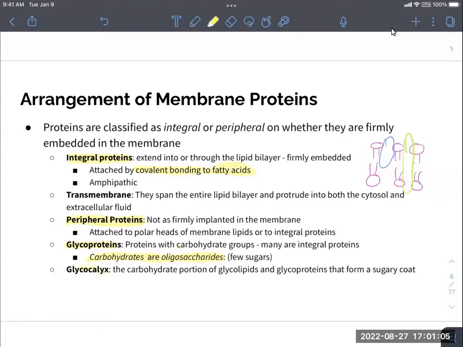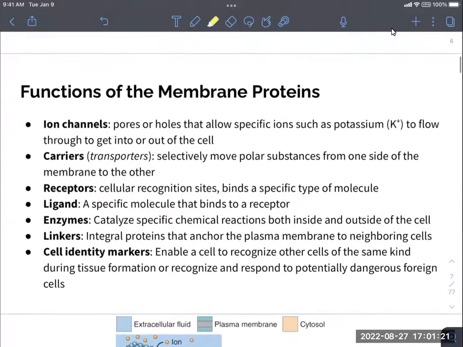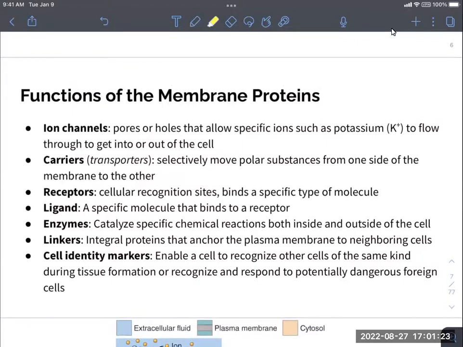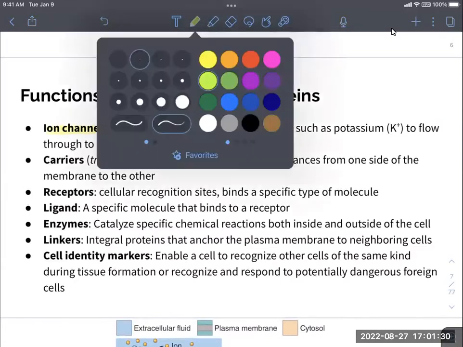We also have a glycocalyx, which is a carbohydrate portion of that glycolipid and glycoprotein that form some kind of sugary coat for that plasma membrane. These membrane proteins that are attached have many different roles. A lot of them are ion channels.